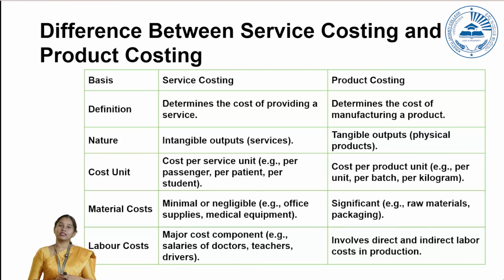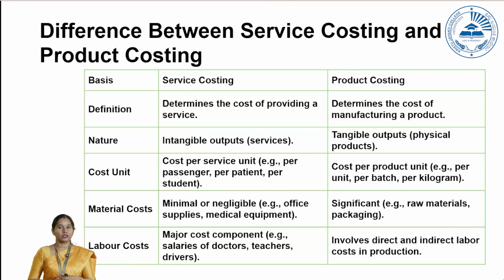Material cost under service costing is very minimal. In product costing, raw materials and packaging play a significant role. So material cost has a very vital role in product costing.